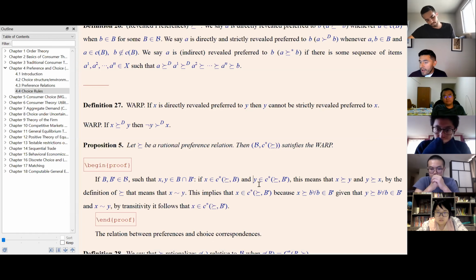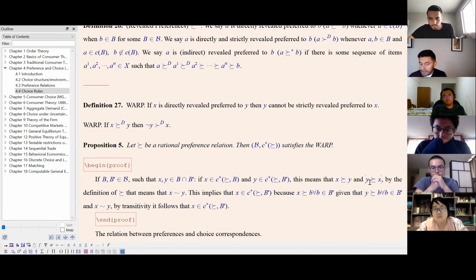And then also Y is there. So that means that X is in relation with Y and Y is in relation with X. But that's just the definition of equivalence, the symmetric part of this preference relation. So X must be, by definition of rationality, indifferent to Y. Everyone with me?